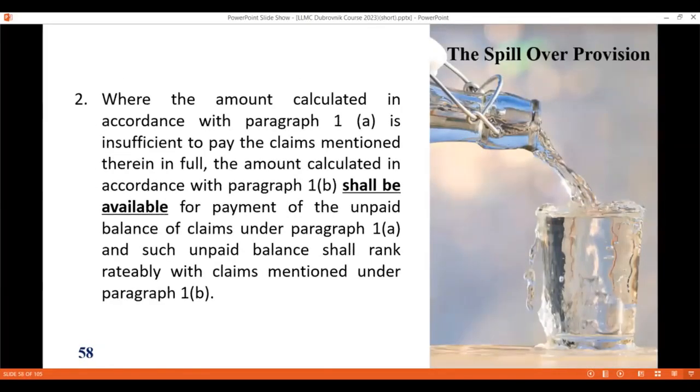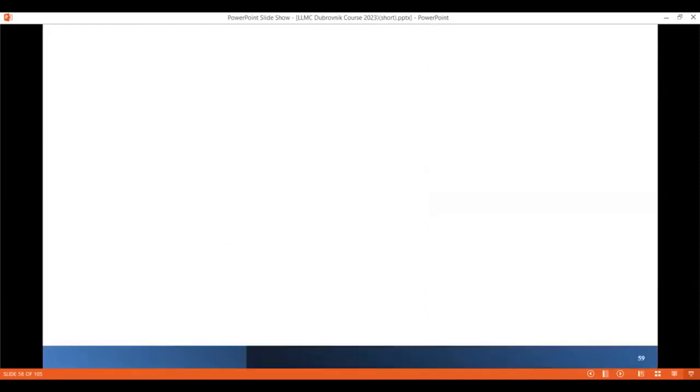Now, since there are two limitation amounts, it's important to know that if the limit of liability calculated under Article 6.1a, in other words, the personal claims, is insufficient to pay the loss of life claims in full, then the fund for any other claims will be available to pay the unpaid balance. This is called the overspill provision.